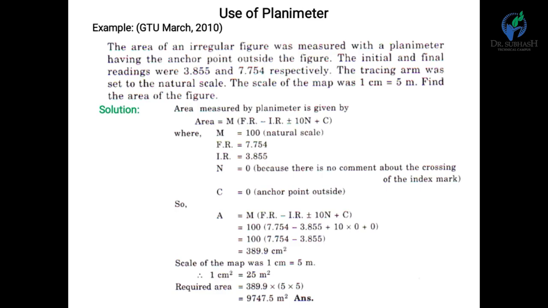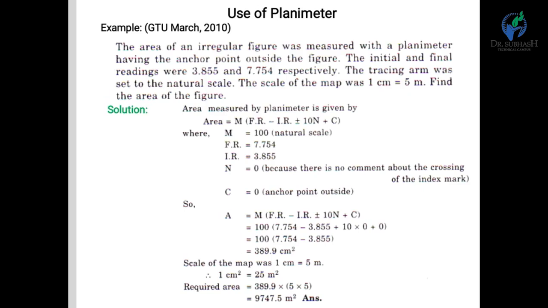Now we put the data into the planimeter formula for calculation of areas. Area is equal to M multiplied by FR minus IR plus or minus 10N plus C, which is 100 multiplied by 7.754 minus 3.855 plus 10 into 0 plus 0. So we get the area as 389.9 centimeter square.